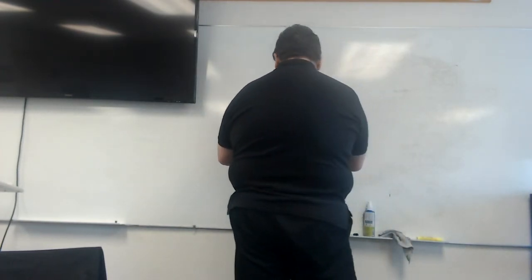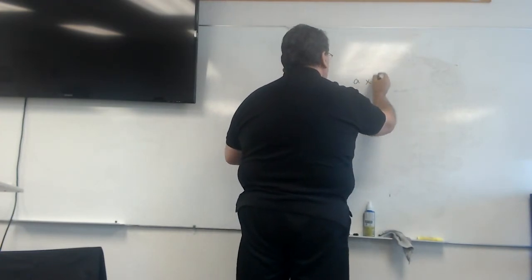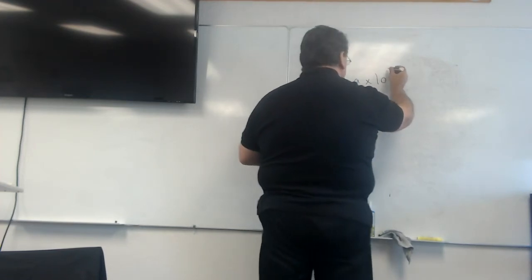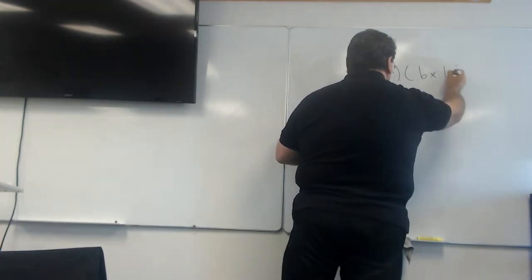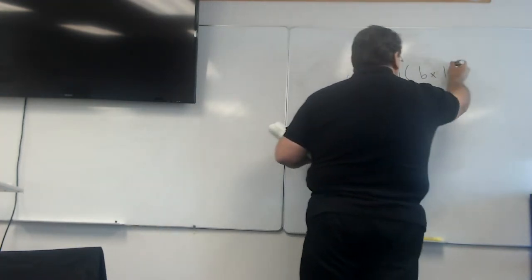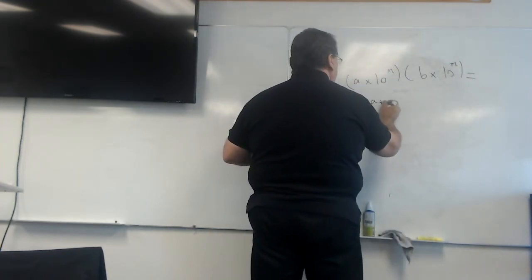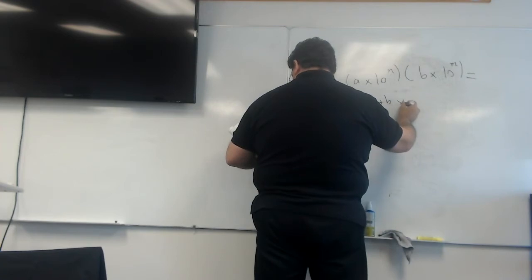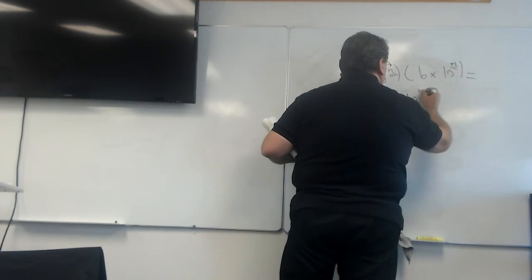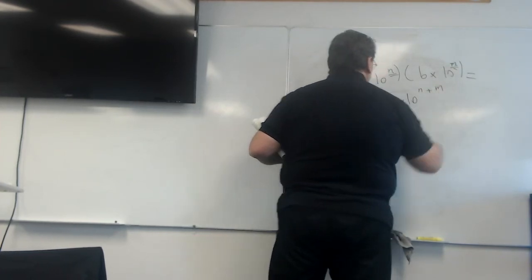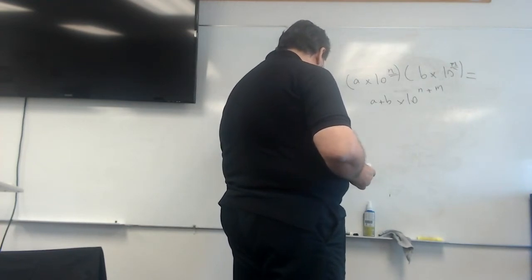If we have A times 10 to the power of n multiplied by B times 10 to the power of m, it is the same as A plus B times 10 to the power of n plus m. That's the fundamental rule.